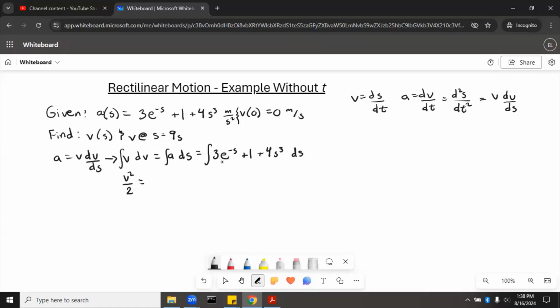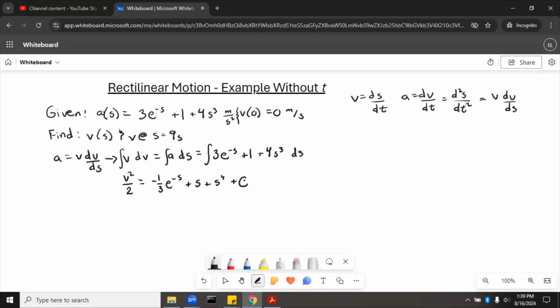Okay, so we integrate that. This gives us negative 1/3 e to the negative s plus, the integral of 1 is going to be s, plus 4 s cubed is going to integrate to s to the 4, and then plus a constant.